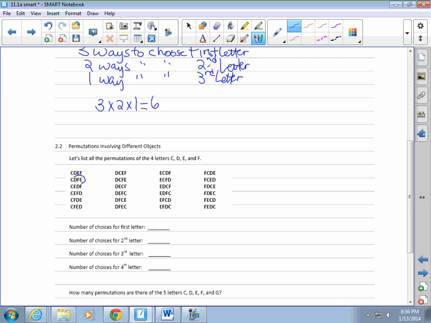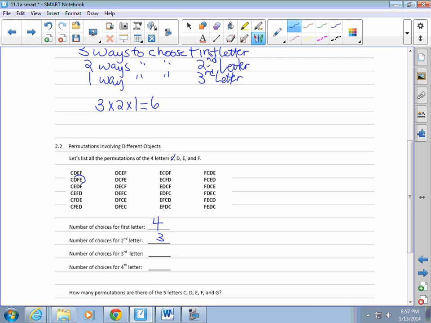What you notice is my number of choices for the first letter. I could choose C, D, E, or F for my first choice. As soon as I chose a letter for my first one, I only had 3 letters to choose for my second one.